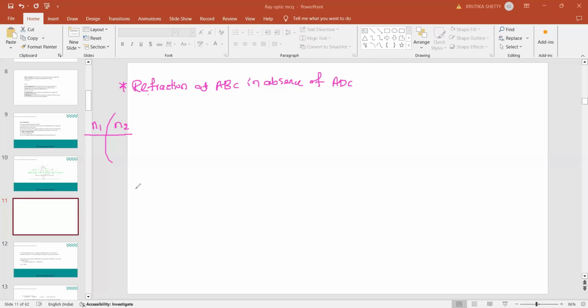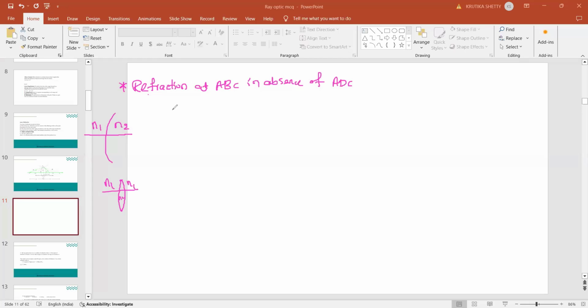If you had considered the second surface, this would be N2 and this is N1, so these are N1 but here it is N2. But here we are not considering the second surface. So this is taken as N1 and this is taken as N2. So for that reason, first step, we write the refractive index of the image space.